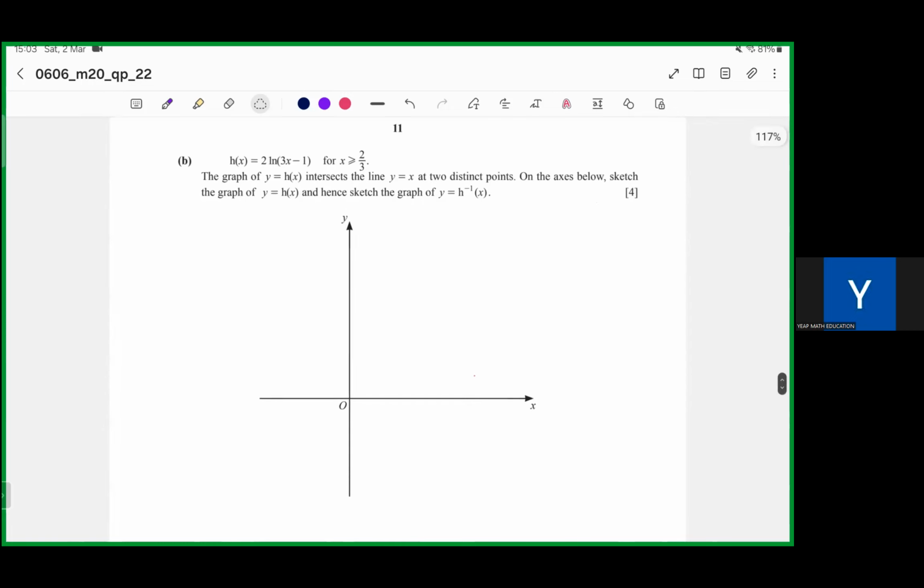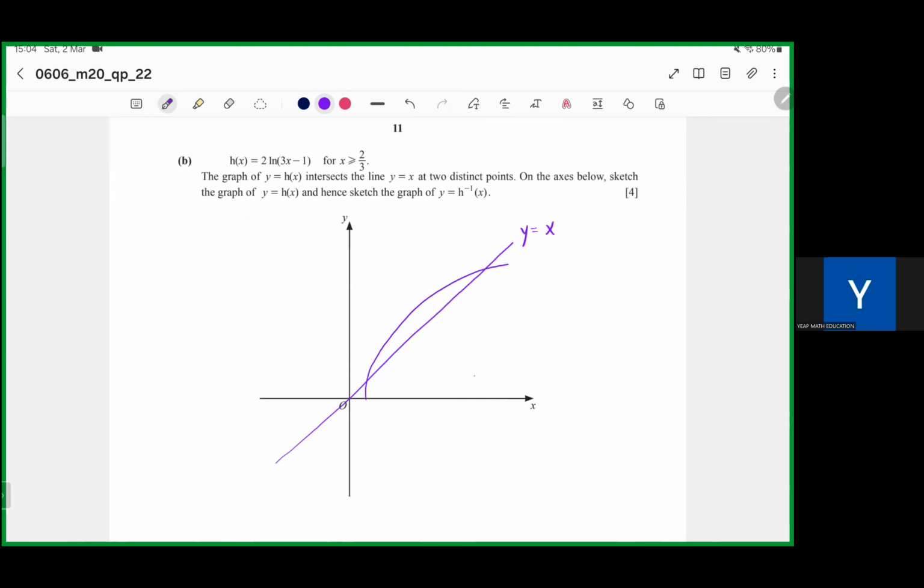Now I sketch first. Now I sketch the line y equals x here, and the logarithm, because it says x should be more than 2/3 here.